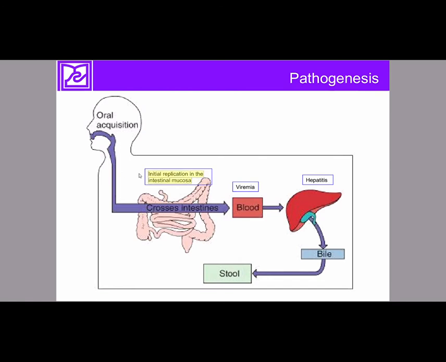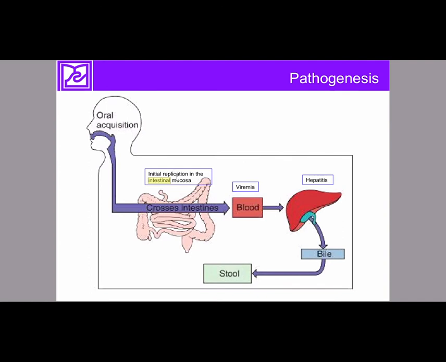So look, hepatitis A virus replicates in two places, in the liver, of course, hepatitis, but also in the intestinal mucosa. This is the only hepatitis virus that can do this. So the hepatitis A virus can infect some cells in the intestine and replicate in the intestine. Not very much, but enough to increase the number of virions.